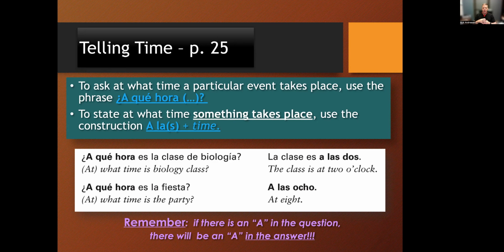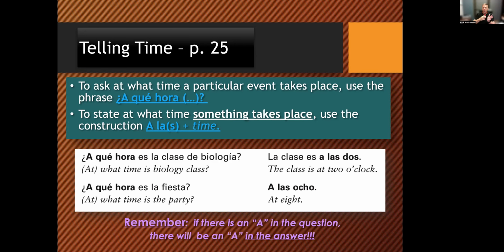Okay. So ¿a qué hora es la clase de biología? At what time is biology class? La clase es a las 2. The class is at 2 o'clock. ¿A qué hora es la fiesta? At what time is the party? A las 8. At 8 o'clock.